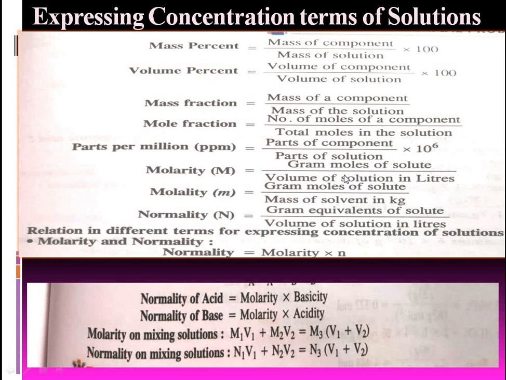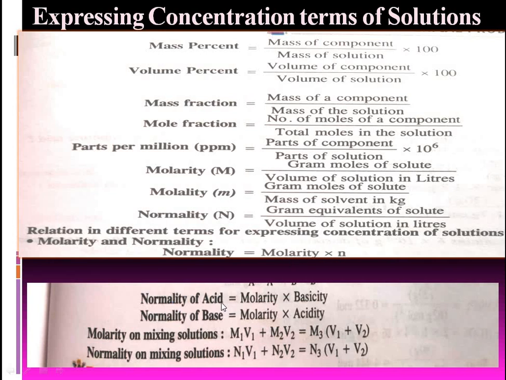The basic terms are similar. So if you want to change this liter into ml, you have to multiply here with 1000. Same with this. Now the next relation between normality and molarity: normality equals molarity into small n, where n is your number of moles.